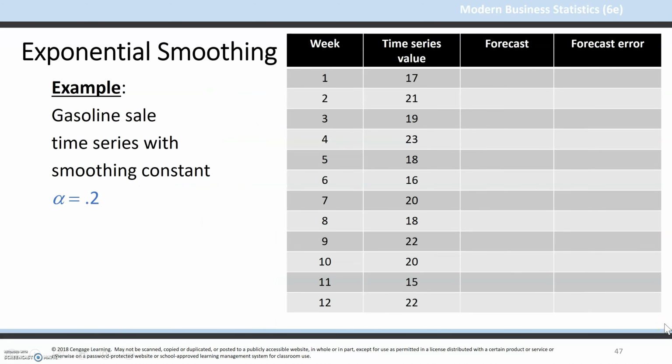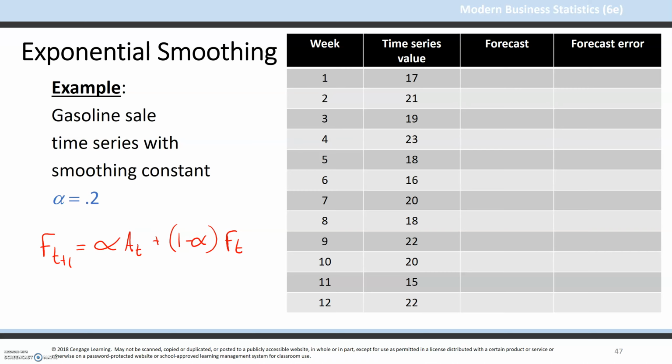Okay. So how do you start an exponential smoothing formula? Remember, to calculate the forecast for the next time period, you need to take alpha times the actual for the current time period plus 1 minus alpha times the forecast for the current time period.